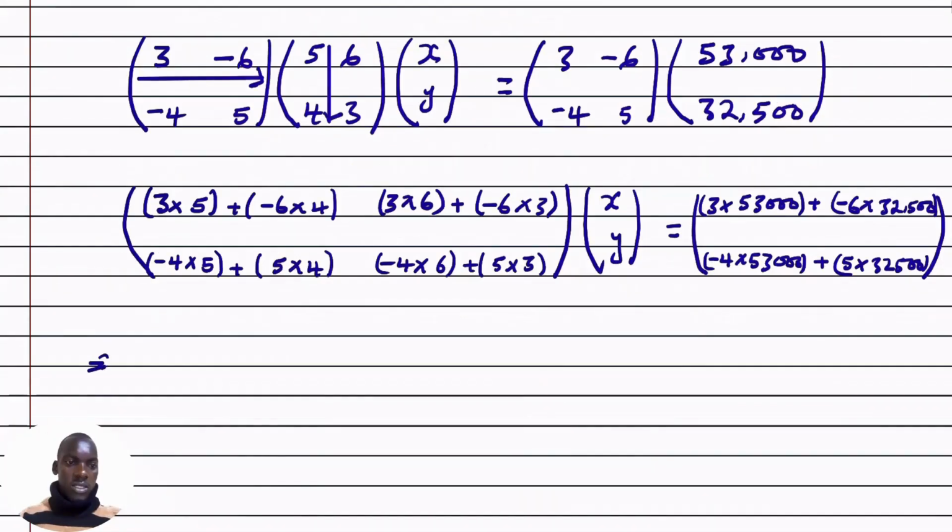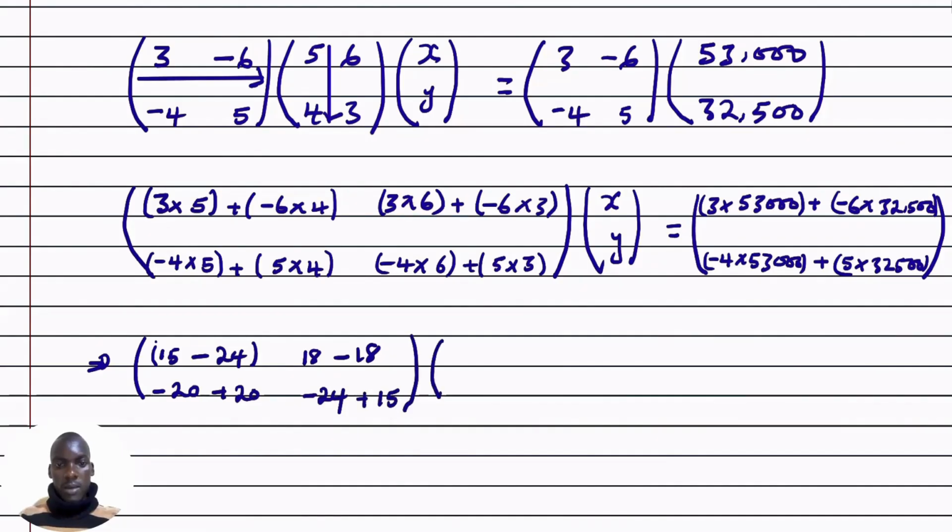So here we have 3 multiplied by 5, that is 15, minus 24. Then 3 multiplied by 6, that is 18, minus 18. Then down here, negative 4 multiplied by 5 is negative 20, plus 20. Then negative 4 multiplied by 6 is negative 24, plus 15, multiplied by x, y, equals 3 multiplied by 53,000, which gives 159,000.